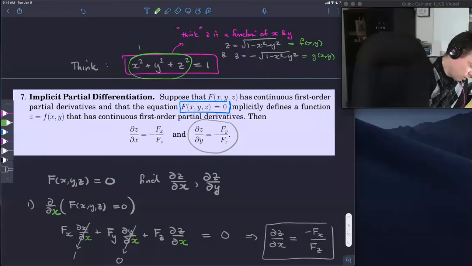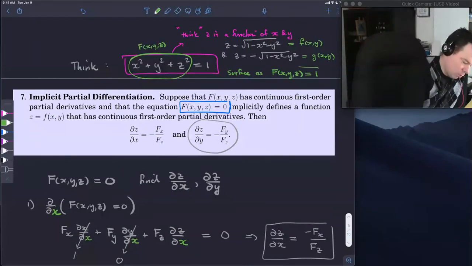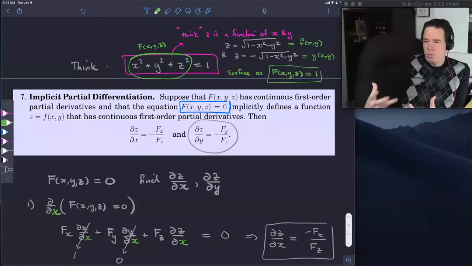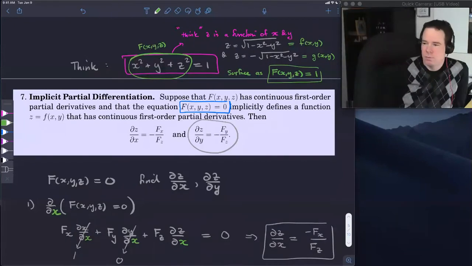If I call this capital F of x, y, z, then I can think of the sphere in this case as the level surface F of x, y, z equals 1. This is the general form of these surfaces that we get from implicit descriptions, something of the form a function of x, y, and z equals 1. So I'm thinking of them as level surfaces.